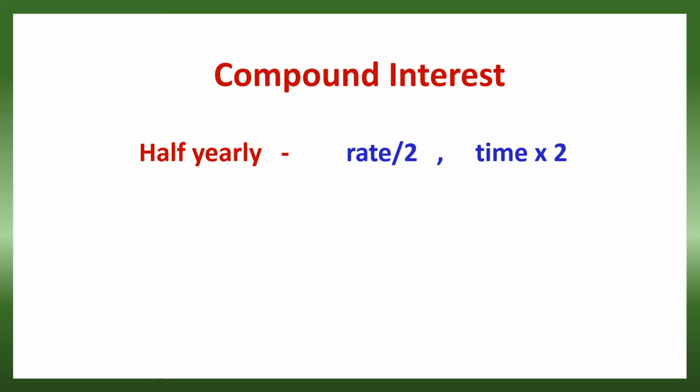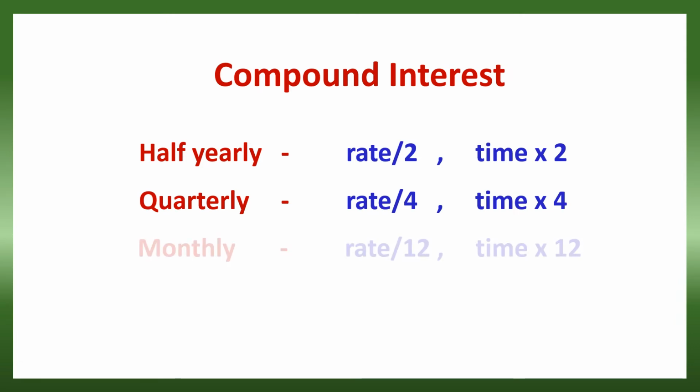And if it is compounded quarterly, then the rate has to be divided by 4 and the time has to be multiplied with 4. If it is done monthly, then the rate must be divided by 12 and the time must be multiplied with 12. Only after doing this adjustment, the formula may be applied.